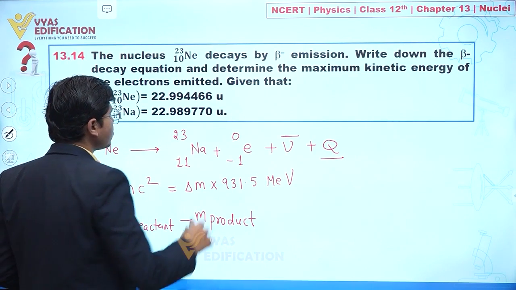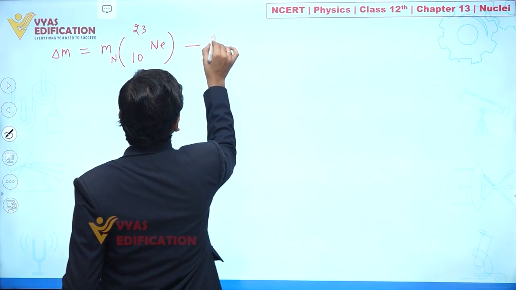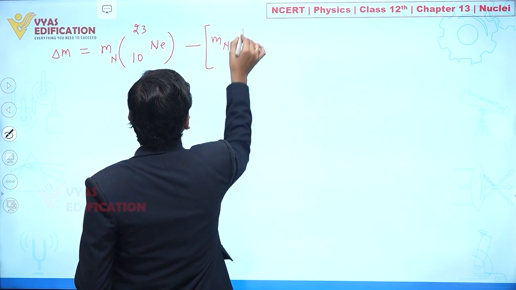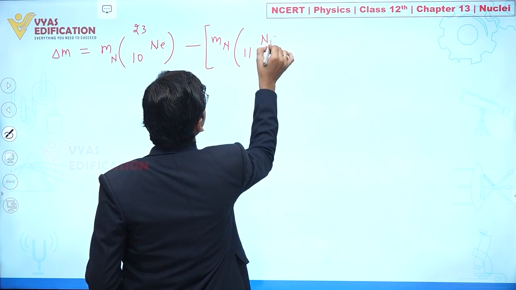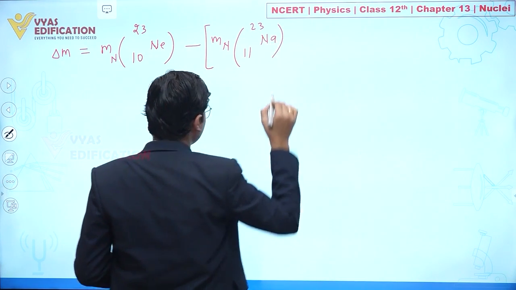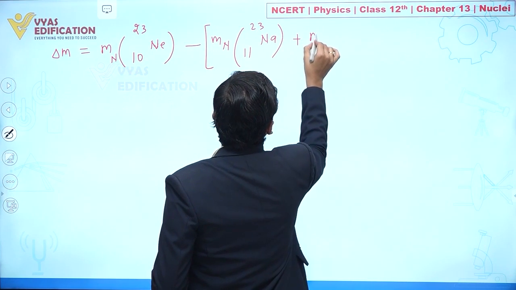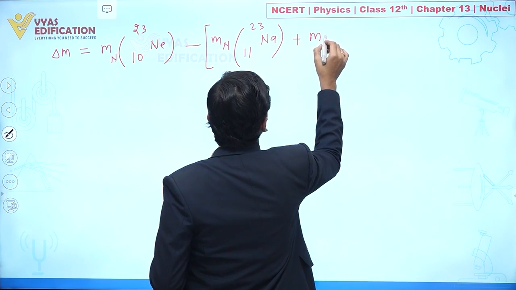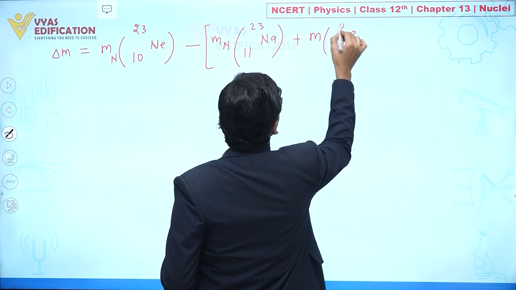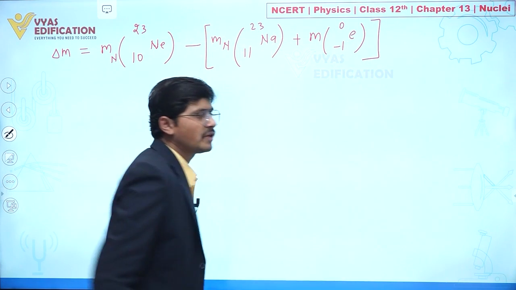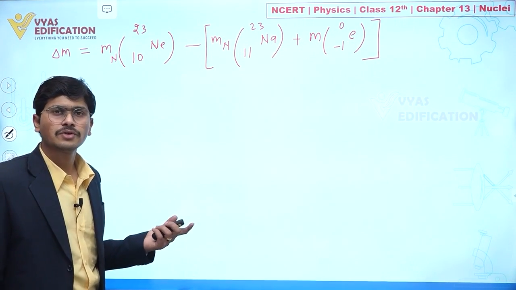Now minus the mass of product, so we write Mn of Na-23, and then plus the mass of beta minus, which is minus 1 e 0. And we are definitely neglecting the mass of the antineutrino.